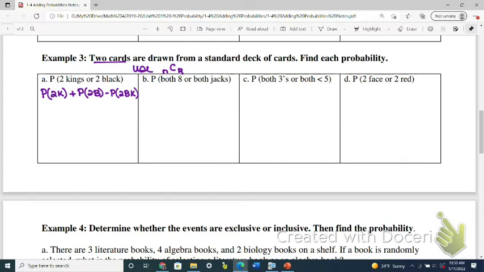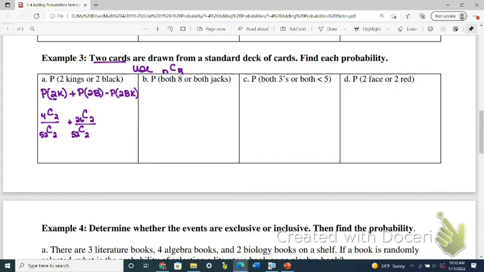So there are 4 kings to choose from, and I want to choose 2. So it's going to be 4 choose 2 over, of course, 52 choose 2 on all of these. Here I have 2 blacks, so I have all 26 black cards, so 26, I want to choose 2, all over 52 choose 2.